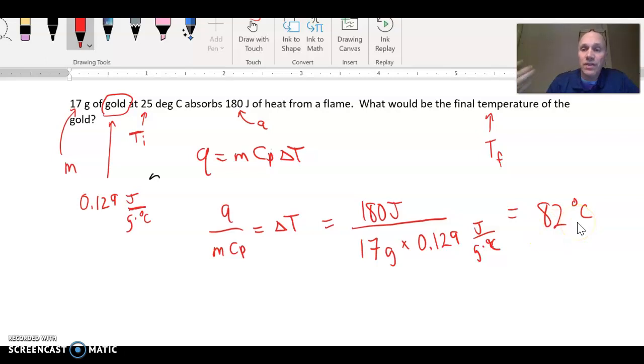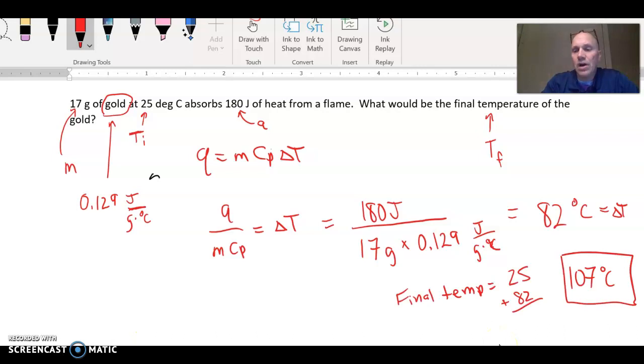Keep in mind, this is not your final answer, because that represents your delta T. That's how much your temperature would change by. So how would you figure out what the final temperature is? Well, if your initial temperature was 25 and it absorbs heat and its temperature goes up by 82 degrees, that means that the final temperature is going to be 107.